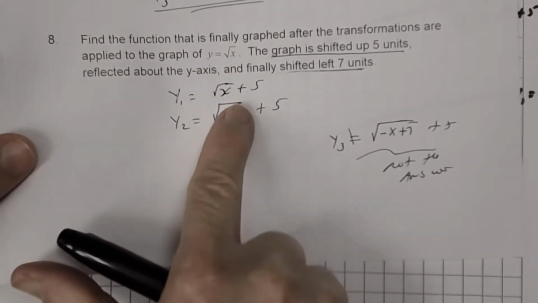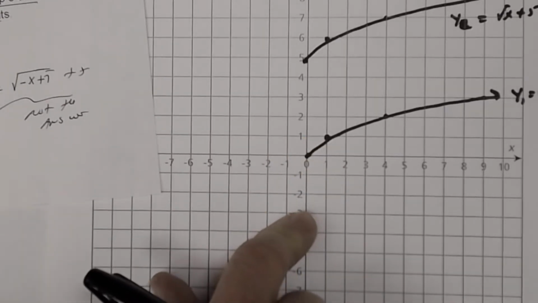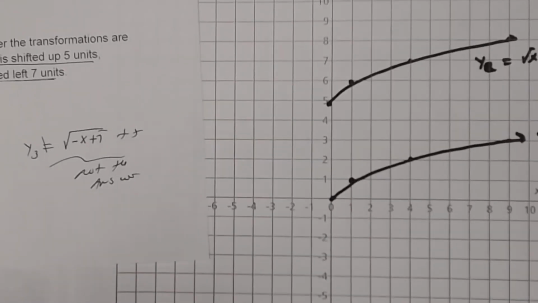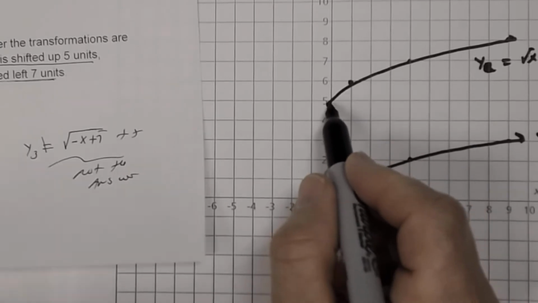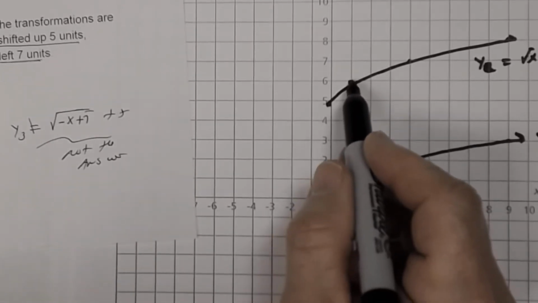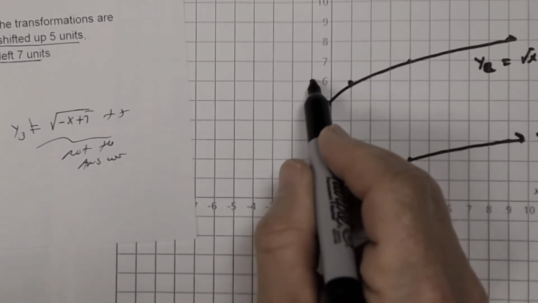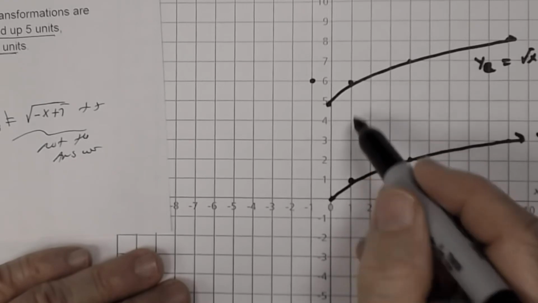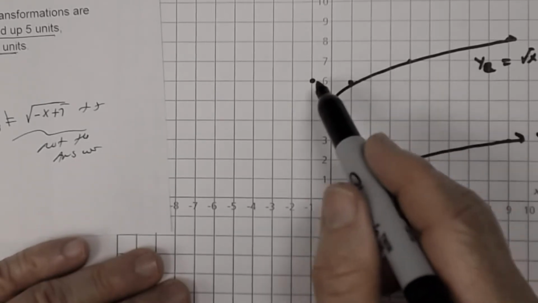Okay? So then the third thing I want to do is take this and reflect it about the y-axis. So 5, 0 stays 5, 0. When I reflect this point about the y-axis, I get this point, right? So 1, 2 becomes negative 1, 2. Remember, the x-coordinates become opposites. The y stays the same.